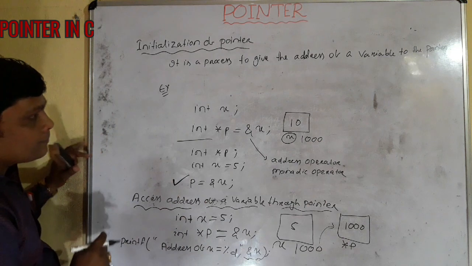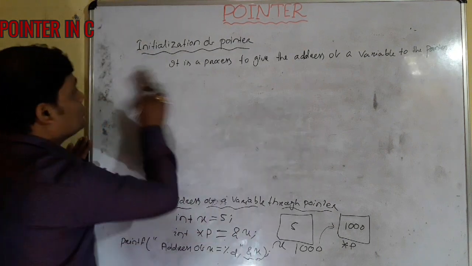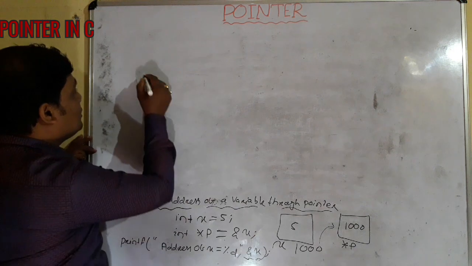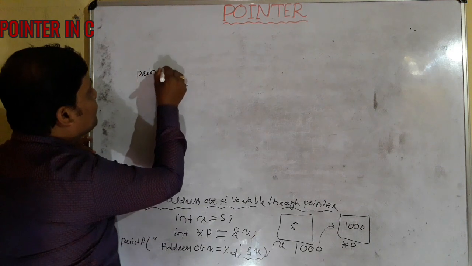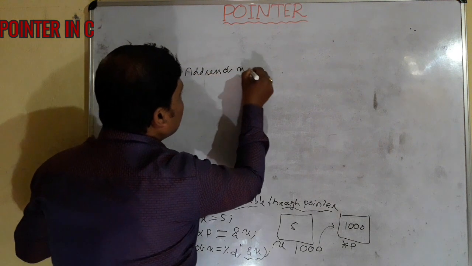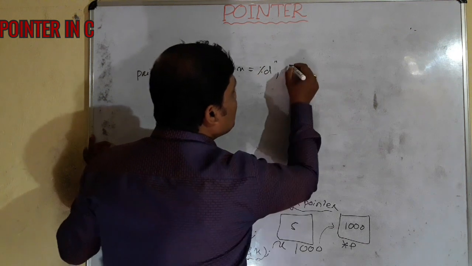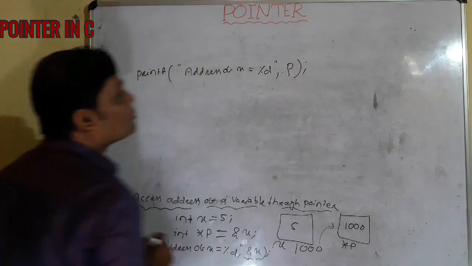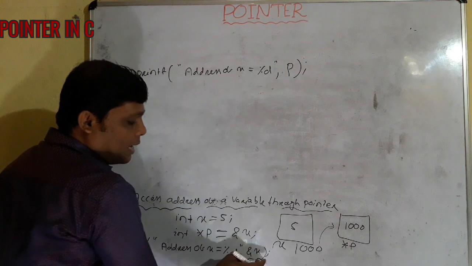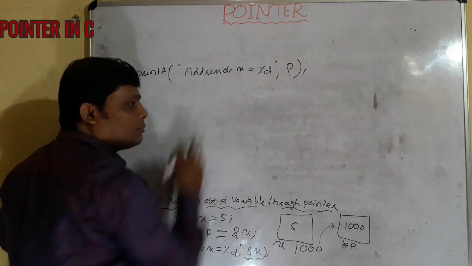So I can write, just see, how to access, printf address of x equal to %d, then p. Clear? Through pointer, how I can access the address of x. p means what? What we have stored in p.